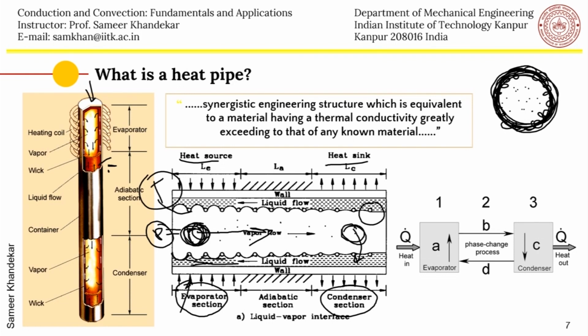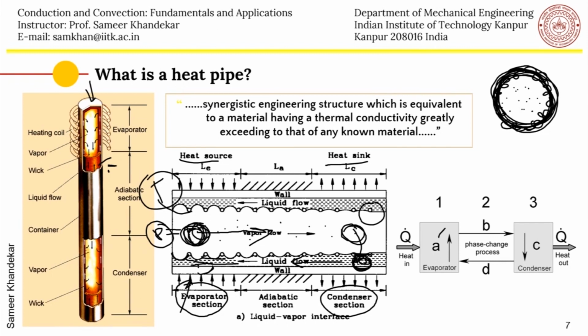And then since the liquid pressure here is higher than the liquid pressure here, there is a capillary pressure difference, and therefore the liquid will come back passively to the evaporator. So you can see here A to B, there is a phase change process, then B to C, the vapor goes to the condenser, then it condenses, and then again it comes back.